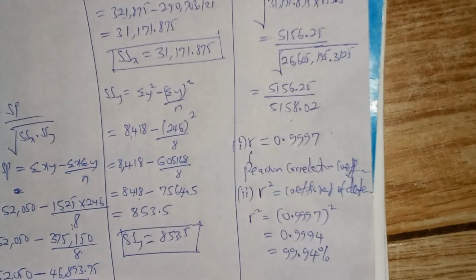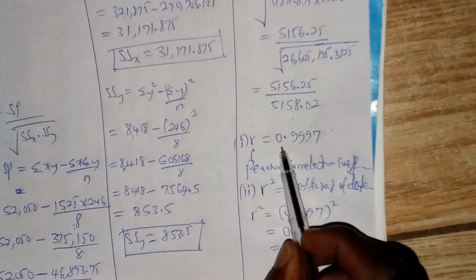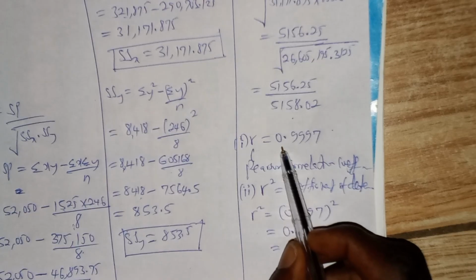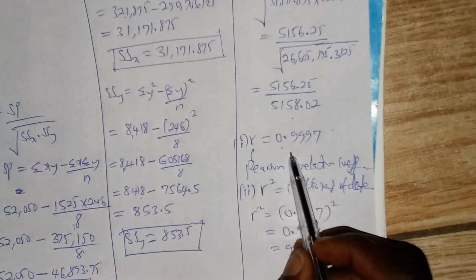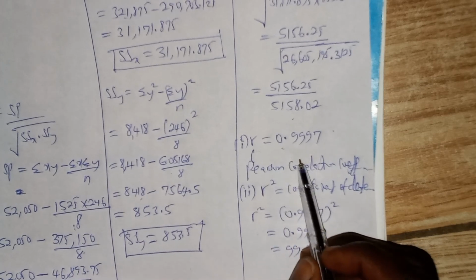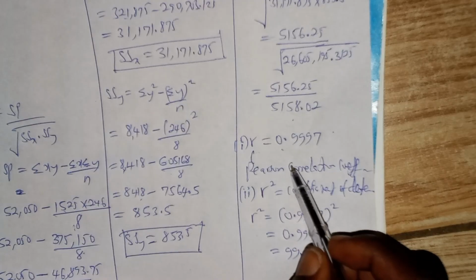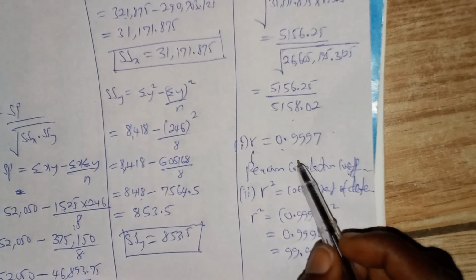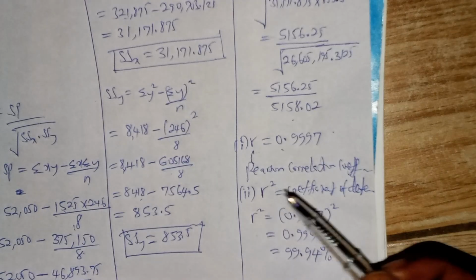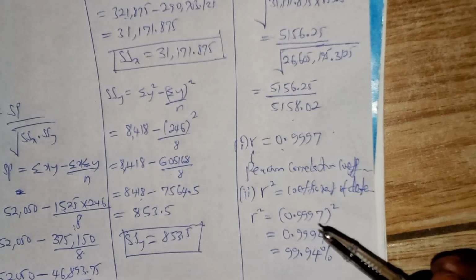So the R value of 0.9997 is positive. This means that fertilizer application and yield move in the same direction.